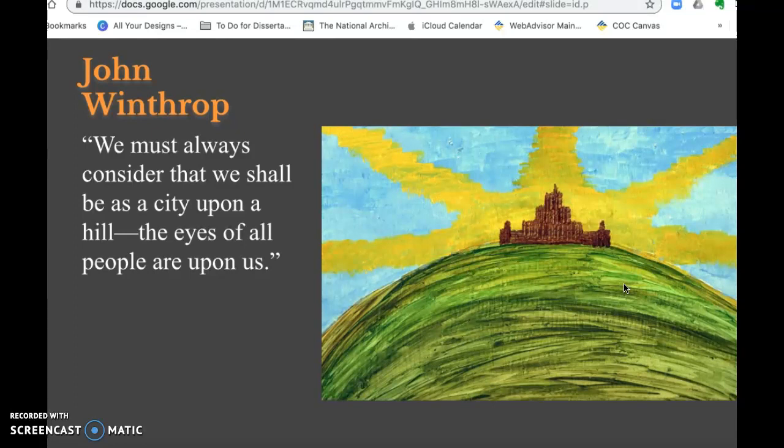Winthrop says that these pilgrims and Puritans that have settled in the northern British colonies need to present themselves as a city upon a hill. We must always consider that we shall be as a city upon a hill. The eyes of all people are upon us. And I'd like you to think about maybe the connection there is a question of how is America perceived today?